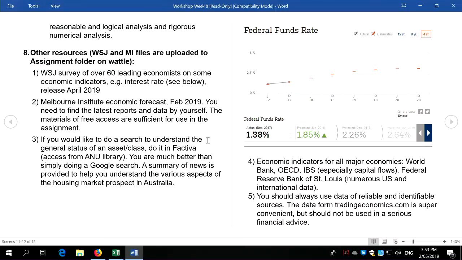It might be the consensus of a group of analysts. It might be the forecast of the central bank. We don't know. So do not use this in your modeling. Use sources like the Federal Reserve, Reserve Bank of Australia, or Australian Bureau of Statistics. These are reliable sources. If you can't find anything, let me know. It's very likely I can get it for you.